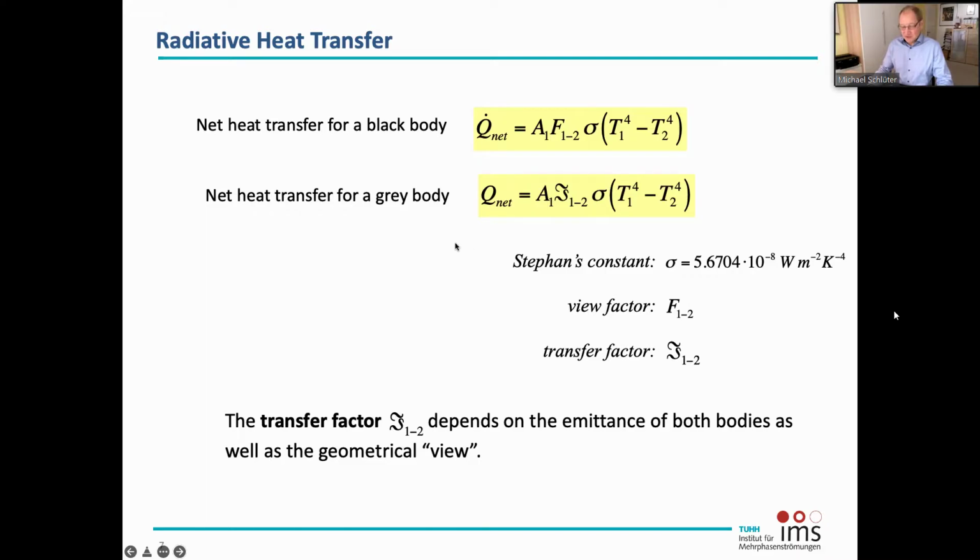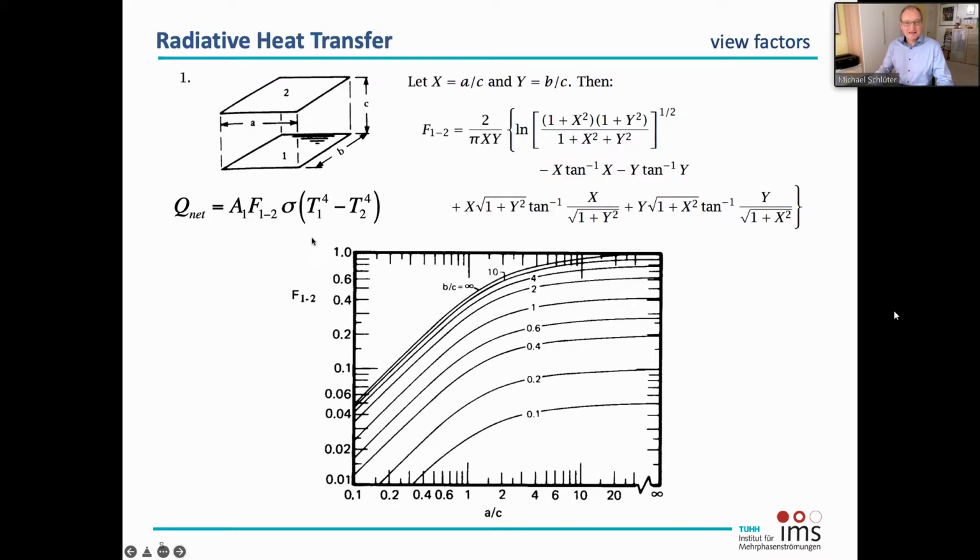Okay, so this was a brief review from last week, and now we had this kind of graphics here that show us the different view factors. So, for example, if we have two parallel plates, then we can calculate this view factor, for example, with this equation.